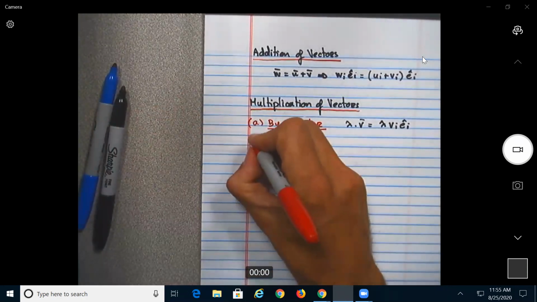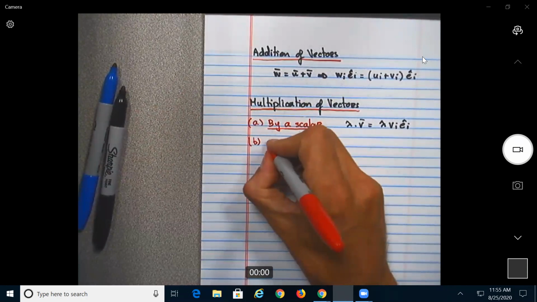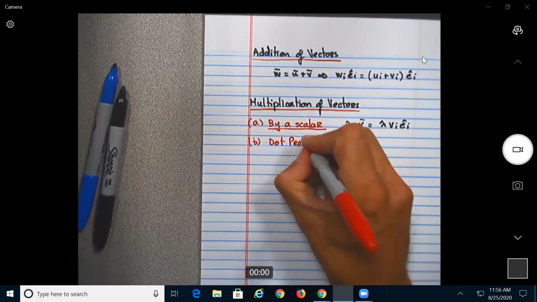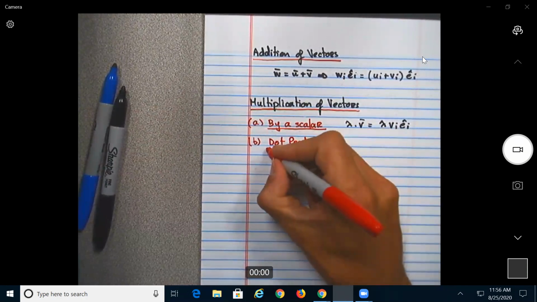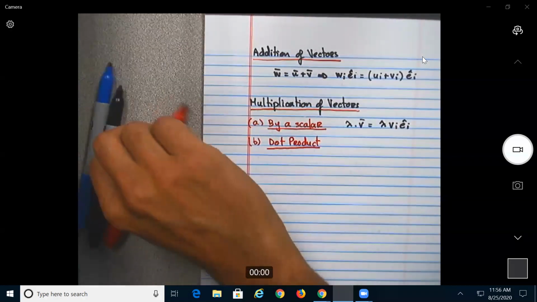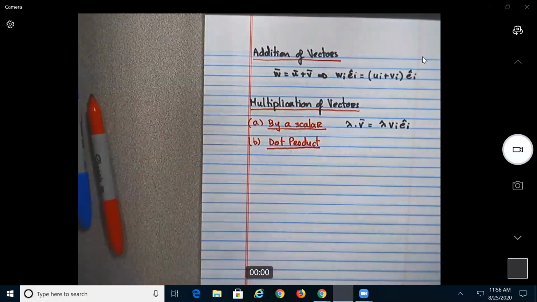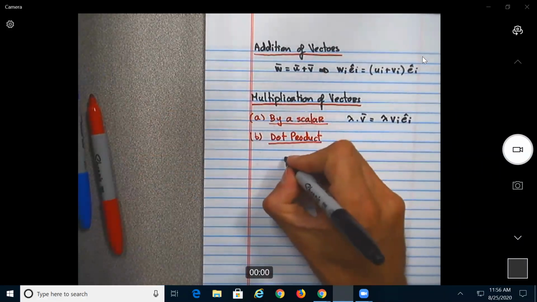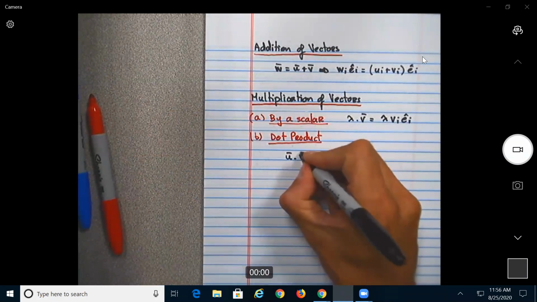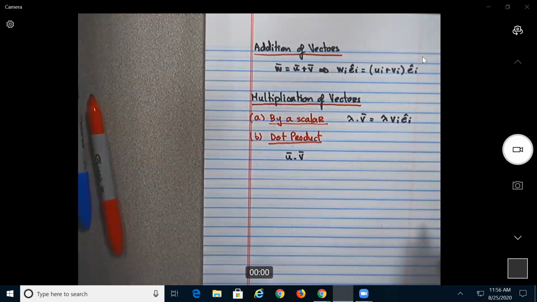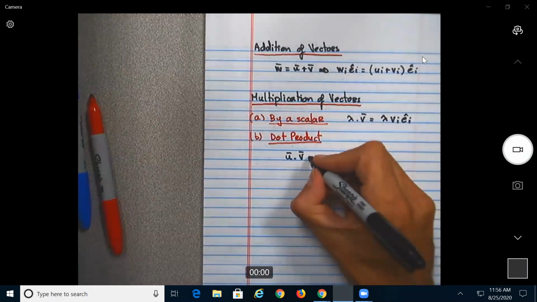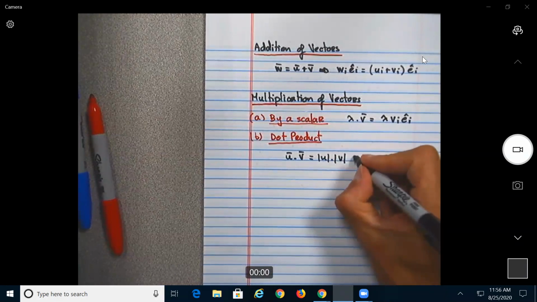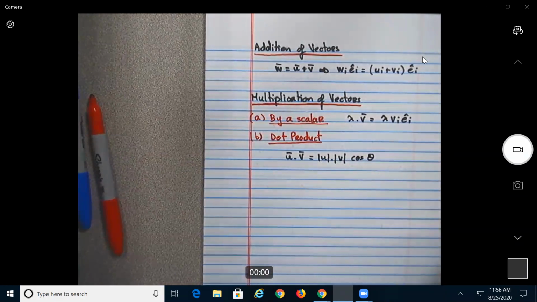And the other one will be the dot product. So what's the definition of the dot product? It is U dot V, that's what they call it. But mathematically speaking, this is equal to the magnitude of U times the magnitude of V times cosine of the angle between both vectors.